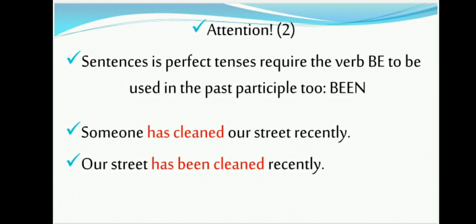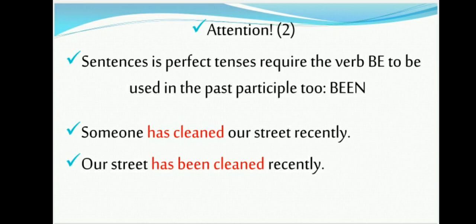Attention to sentences in perfect tenses. Sentences in perfect tenses require the verb be to be used in the past participle too. The form is been. Example, someone has cleaned our street recently. Our street has been cleaned recently.